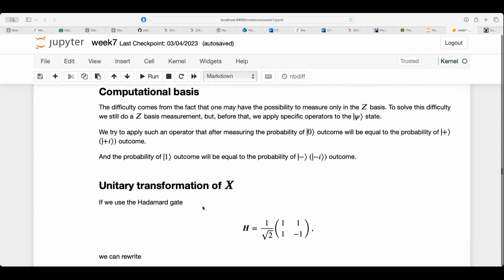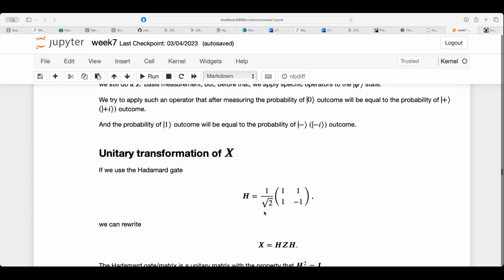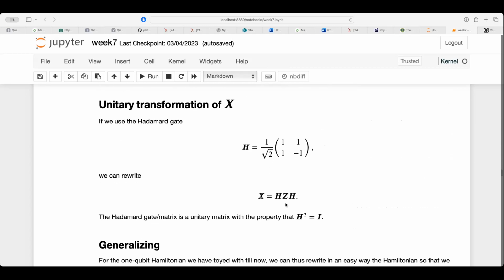If you look at the Pauli X matrix, what we saw last week is that if we use the Hadamard gate, which is this one, then we get this expression here. So that means that we would then rewrite the X gate. So if you look at a circuit with the X gate, let's bring up the whiteboard.